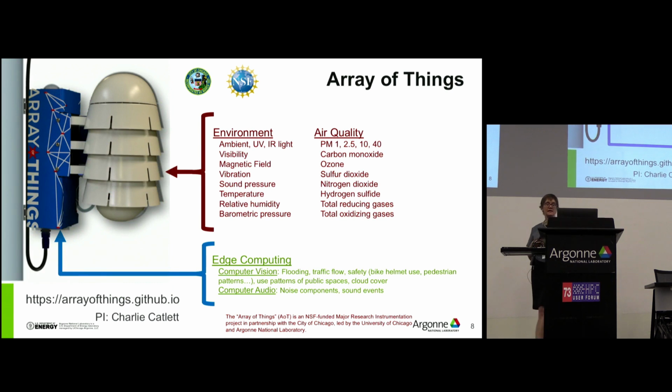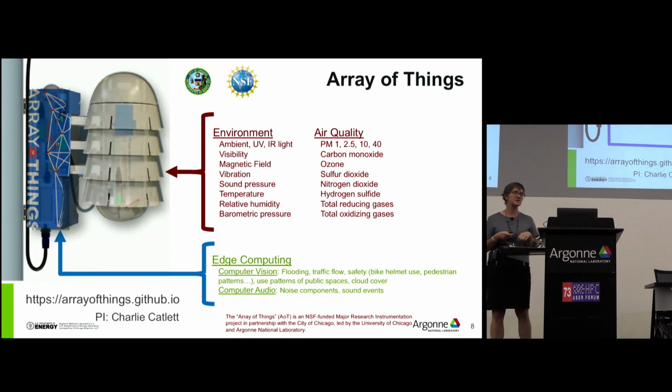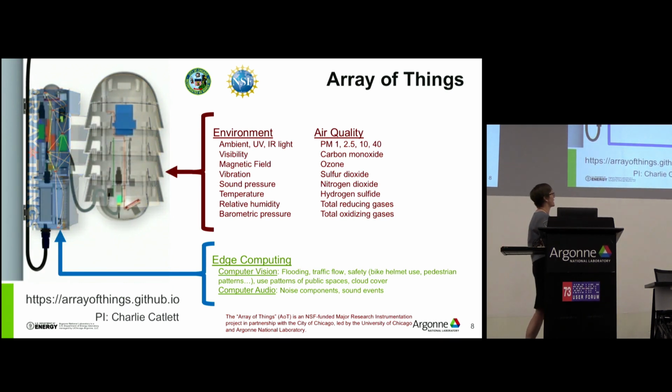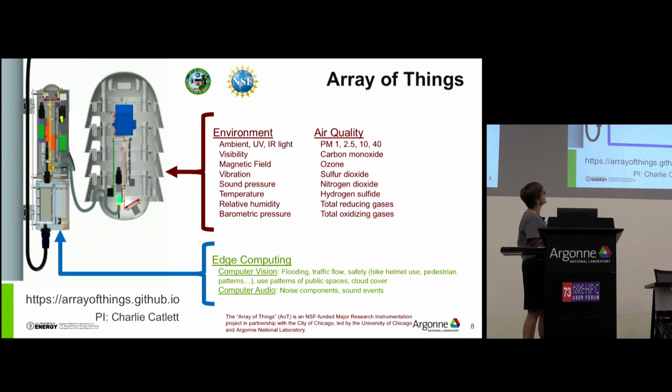So what is the ArrayOfThings project? This was a large, major research infrastructure grant, a collaboration between University of Chicago, the City of Chicago, and Argonne National Lab to put a bunch of these devices out in the City of Chicago. The ArrayOfThings has a number of air quality and environmental sensors built into the device, along with our edge computing, which again I'll defer talking about until later.